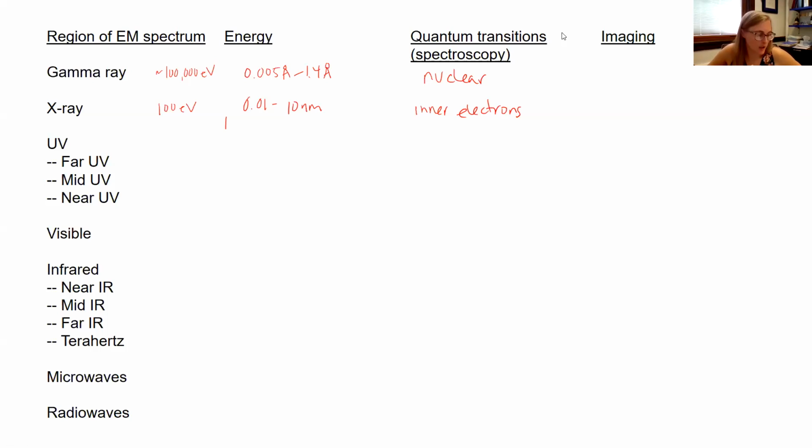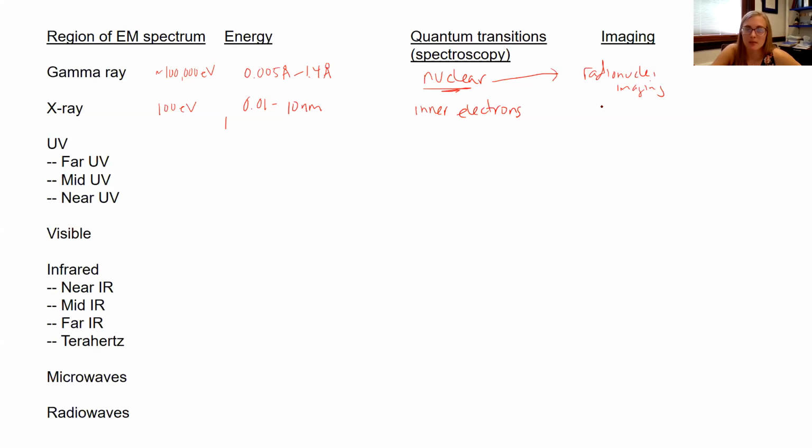And then what about the imaging? What did you guys find? We kind of didn't really get to that yet. Okay. So I'll say for gamma rays, they interact with the nucleus, and they're actually used with radionuclide imaging for medical imaging.